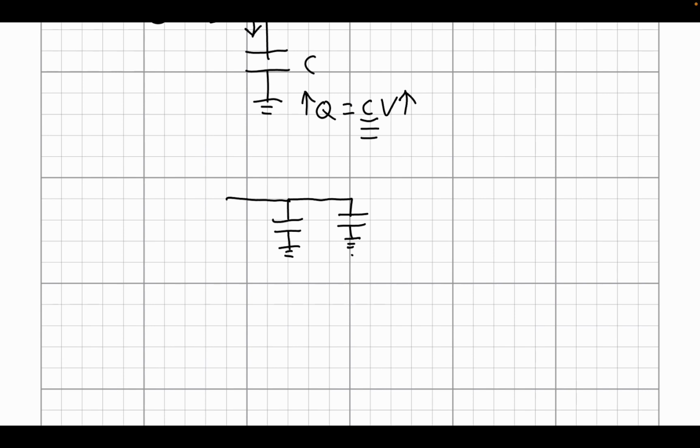And you might know that when you have capacitors, you can combine multiple capacitors as if they were one by adding their capacitances. So this circuit here is equivalent to this circuit here with 2C.